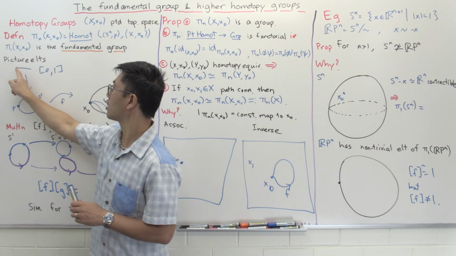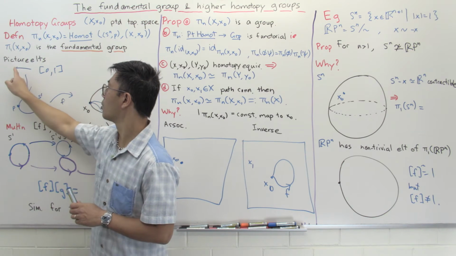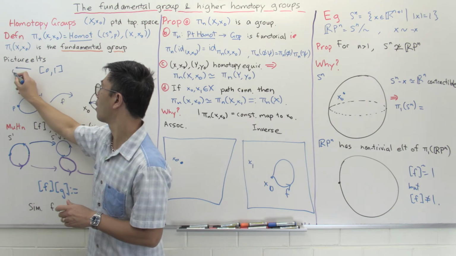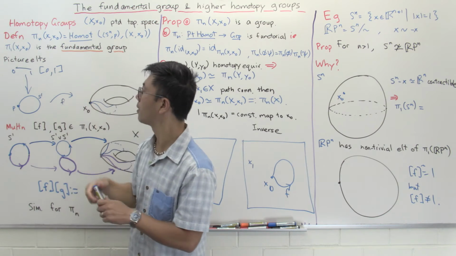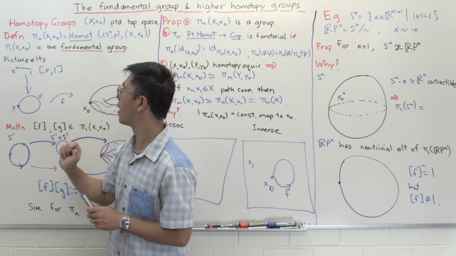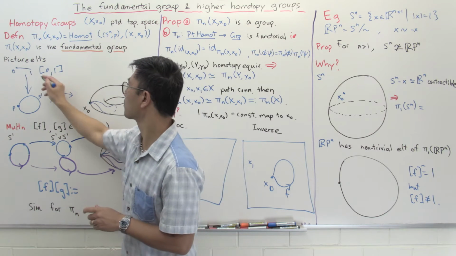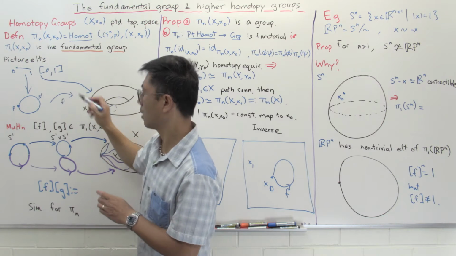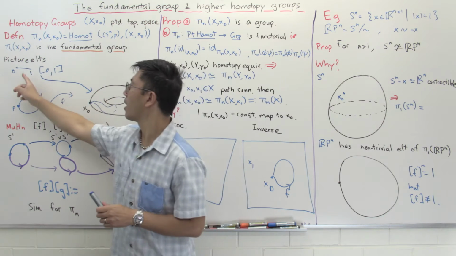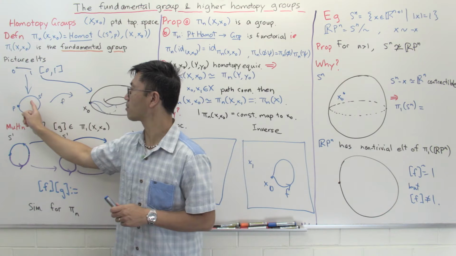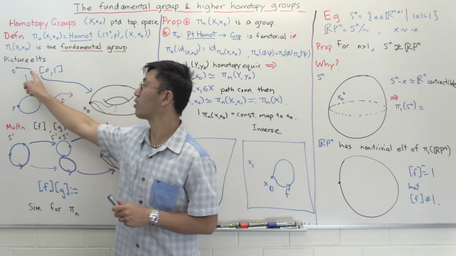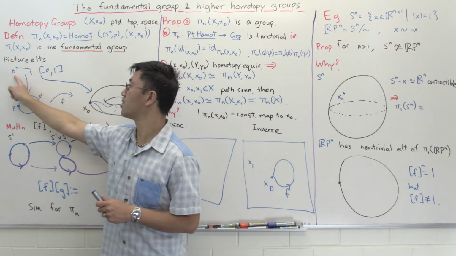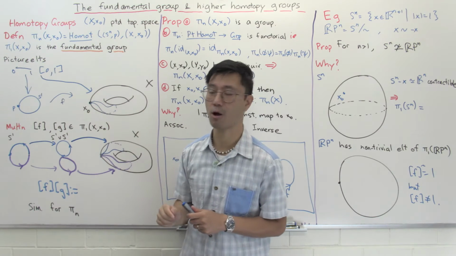The 0 and the 1 both get mapped to P, and then the rest gets wrapped around like that. Basically, the continuous maps from here to here you can think of as paths, such that both the 0 and the 1 get mapped to x0.